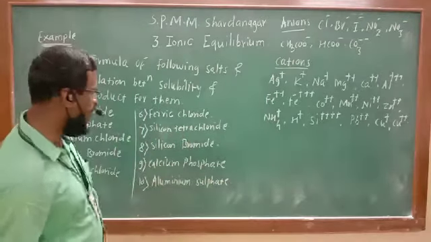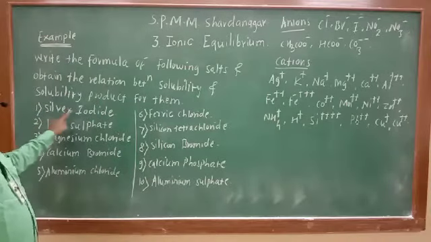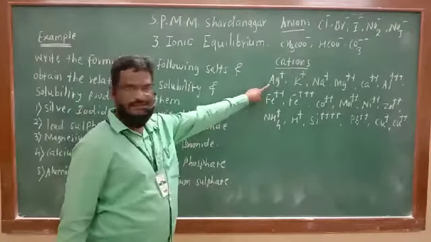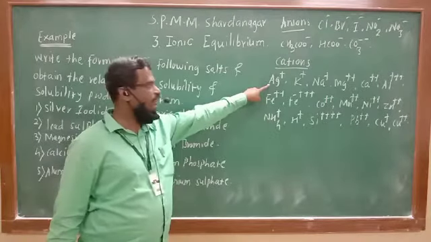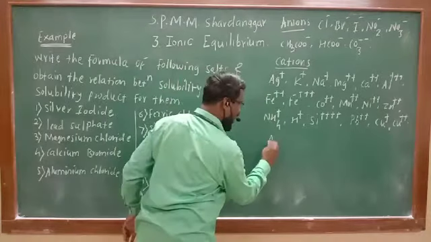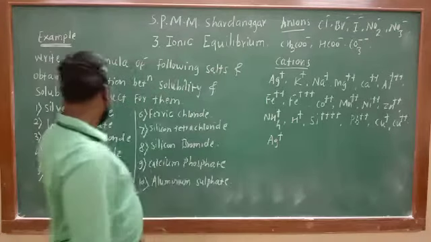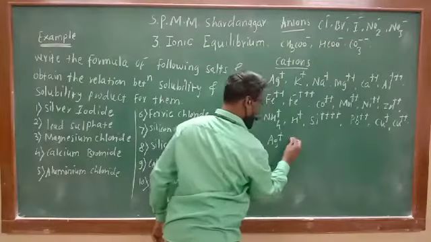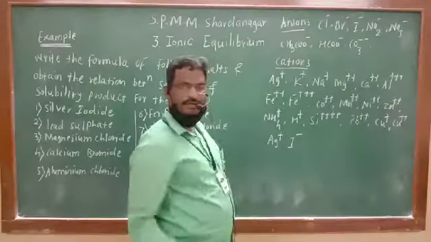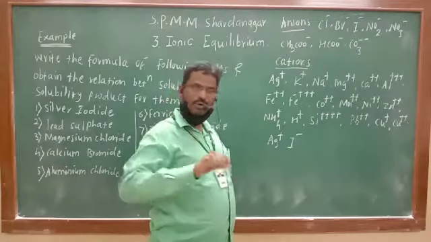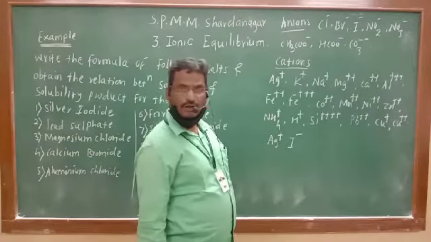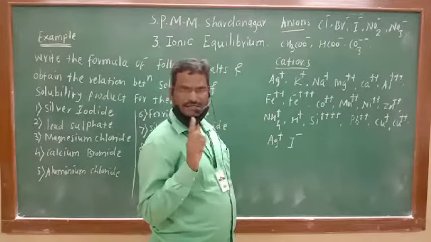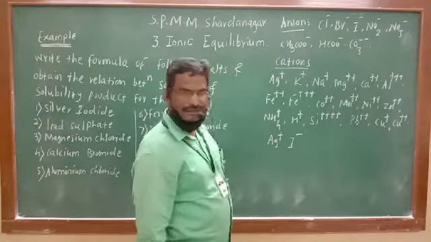So let us see it one by one. Silver iodide. Silver, Ag+, carries one positive charge. Iodide, I-. A salt as a whole is always electrically neutral.